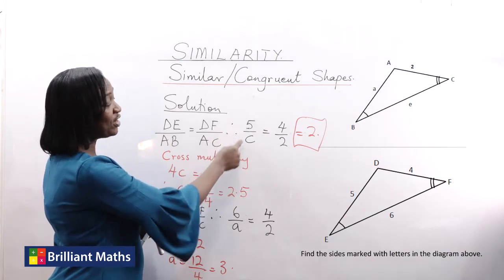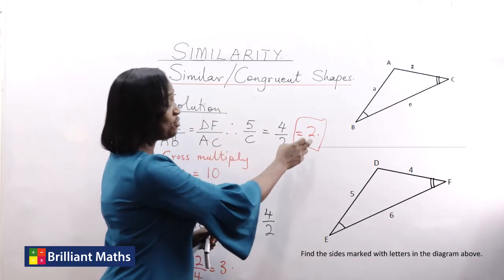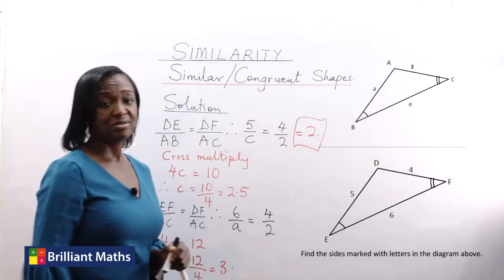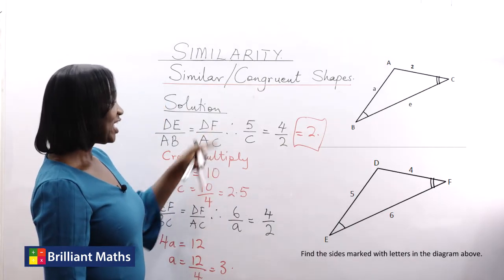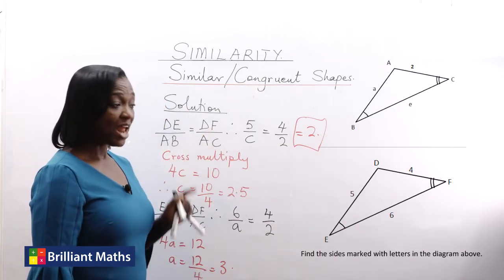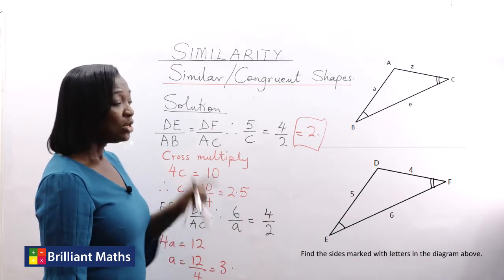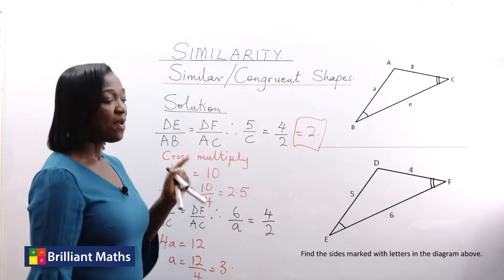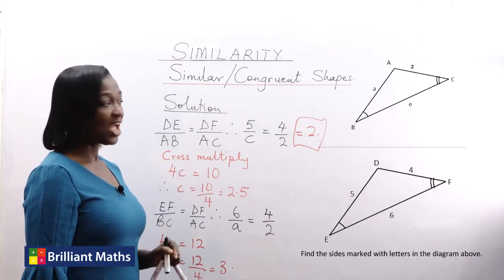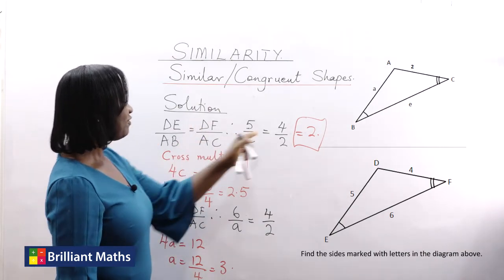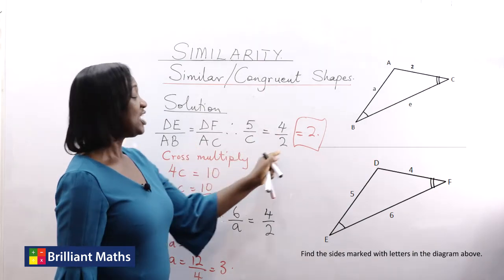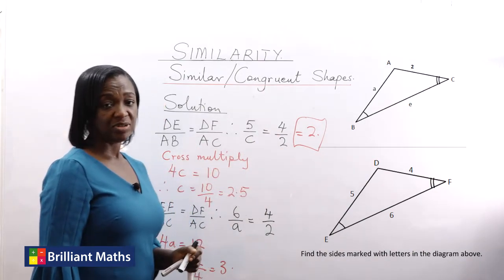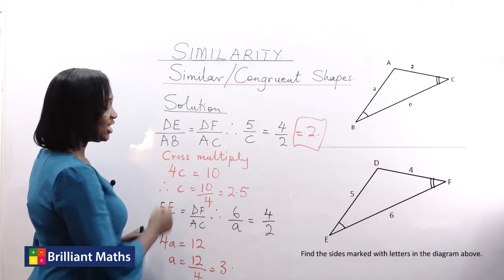So 5 over 2.5 will also give you 2. One is half the other. That means that triangle DEF is double triangle ABC, as we can see, because DF is 4 centimeters and AC is 2 centimeters. So we have found the length of C.